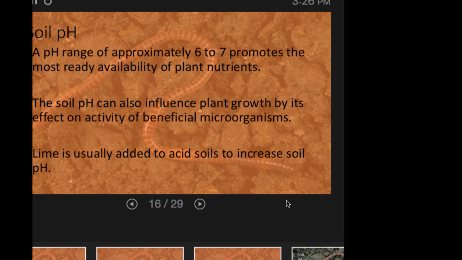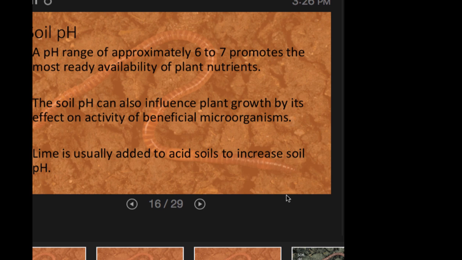The pH range is around 6 to 7, and that will allow the plants to take up the nutrients. If it's too acidic or too basic, the plants won't take up the nutrients. So the soil pH can influence plant growth, and it can also influence the microorganisms in the soil.